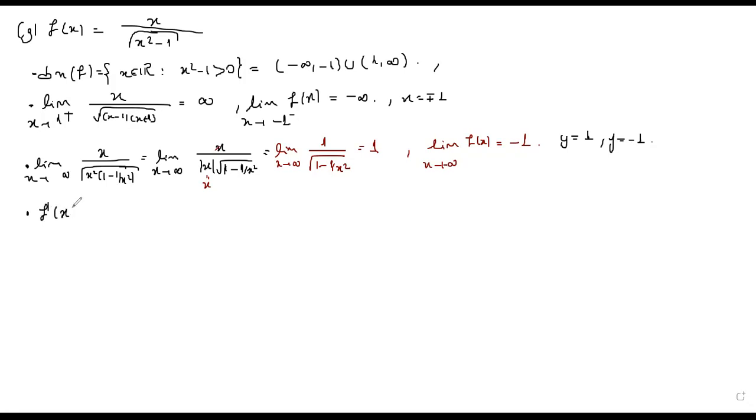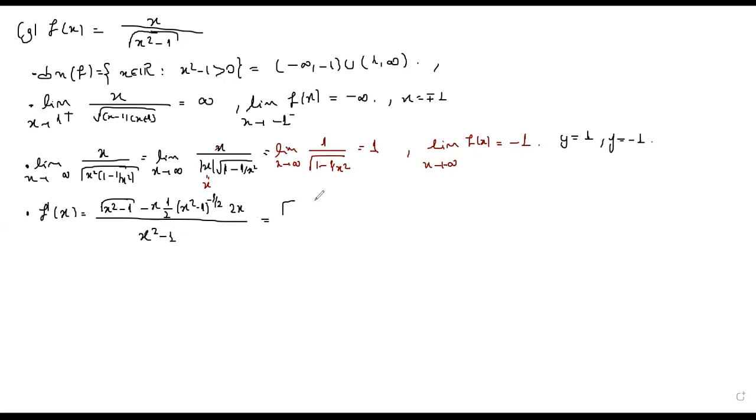So we now find the derivative of the function. First one's derivative is 1 times the second one, which is this, minus the first one times the second one's derivative. So it will be 1 over 2 times x squared minus 1 to the minus 1 over 2 times 2x over this one squared, which will give us x squared minus 1.